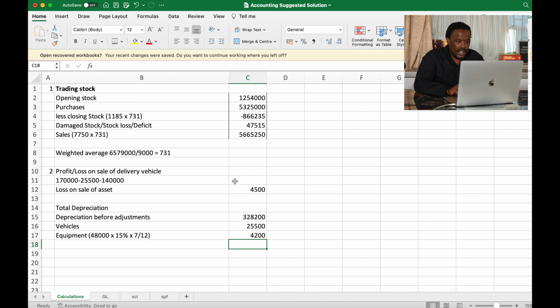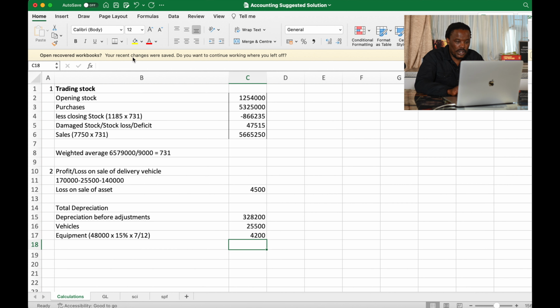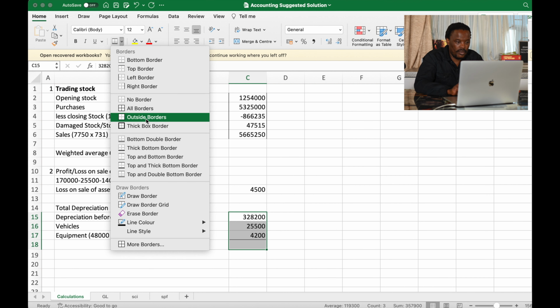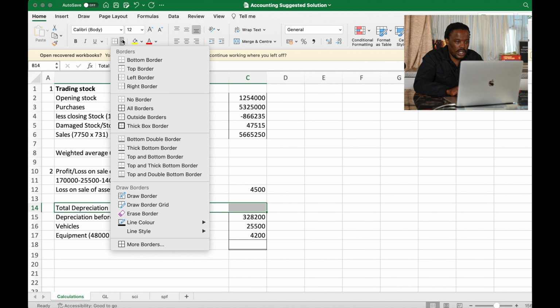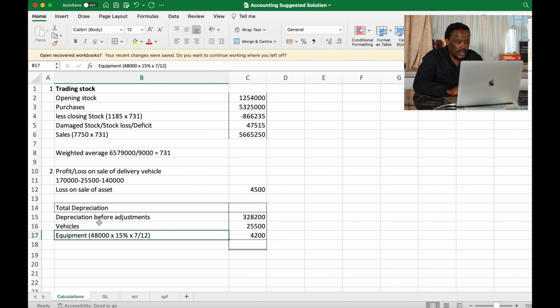Now, is there any amount which is depreciation? I don't think so. And then you put this as a total. Put these lines, you can put these blocks, all borders sharp.